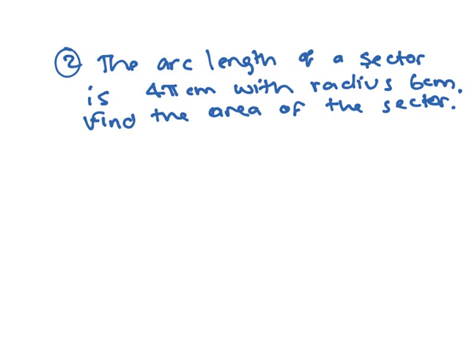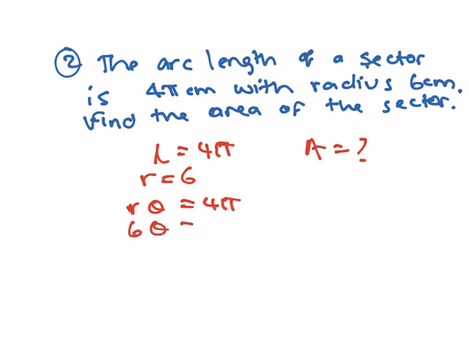Alright, the arc length of a sector is 4 pi centimetres. We want to find the area, and the radius is 6. So r theta equals 4 pi, so 6 theta is 4 pi. So theta is 4 pi on 6, or 2 pi on 3. That's 120 degrees.